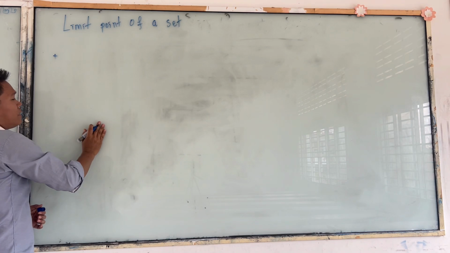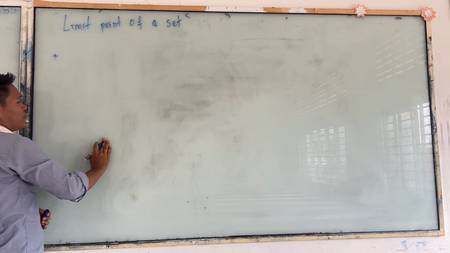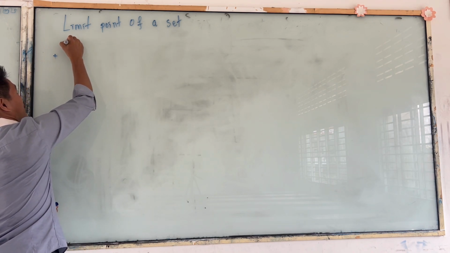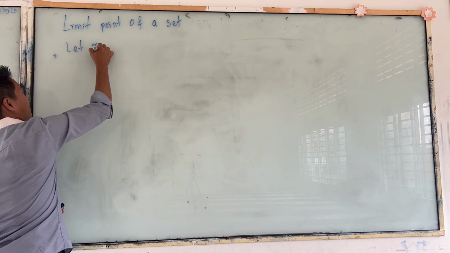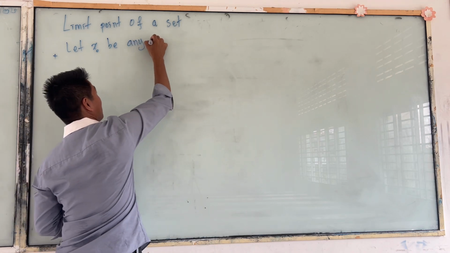First, I will give you the definition of the deleted neighborhood of a point. Let x0 be any real number.